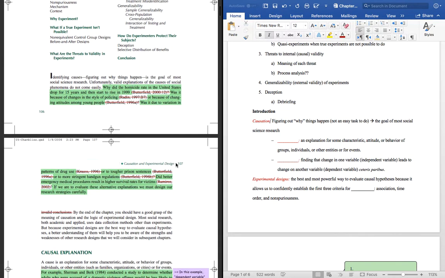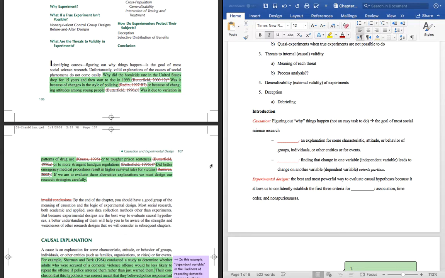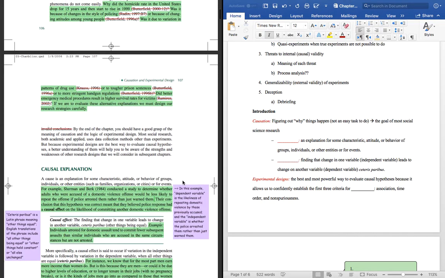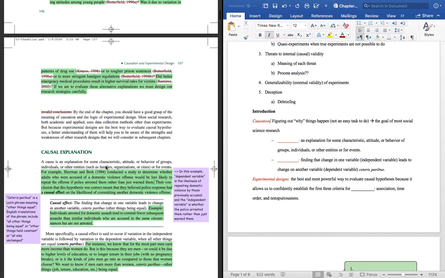And then here we have the definition of a cause, which is an explanation of some characteristics, attitudes, behaviors of groups, individuals, or other entities, or events. So a cause is defined here.